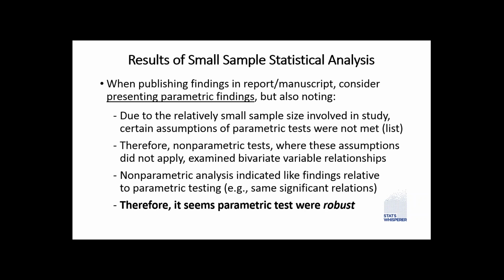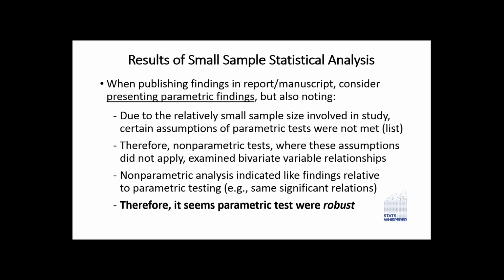When we're publishing this as a manuscript or in a research report, how would we describe what we did? The shorthand is, you might say something to this effect: due to the relatively small sample size, certain assumptions of the parametric tests were not met. We might list, like we saw, class enjoyment did not have a normal distribution. We would look at each of the assumptions and say which ones were and weren't met.